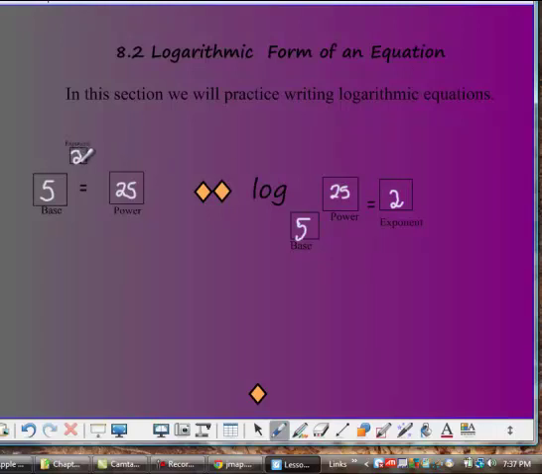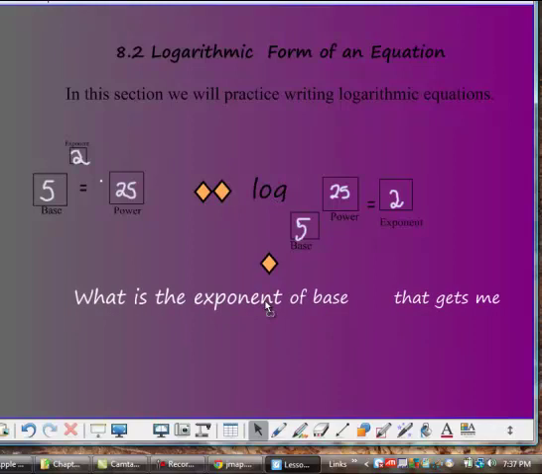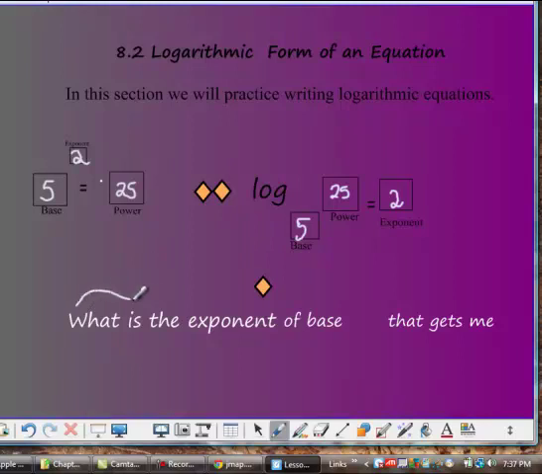Exponent goes here, and power goes there. And that's the hardest part for kids to understand. But this is how I read this logarithmic equation. What is the exponent? I don't say the word log.